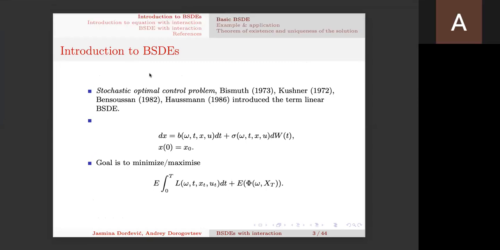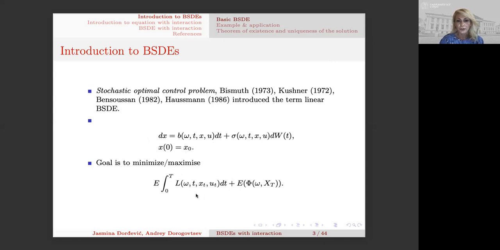So BSDEs were introduced in the 70s by Bismut and Kushner, and later on some additional results were given by Bensoussan and Haussmann when they solved the stochastic optimal control problem. What they wanted was to find the maximize or minimize condition for the condition in the last line, for the forward SDE given in general form, whose drift and diffusion depend on both processes X and U, which is now an additional control process, and X has initial condition X0.